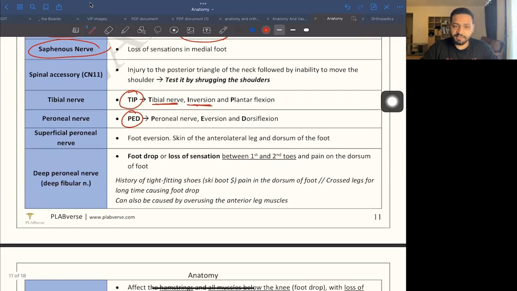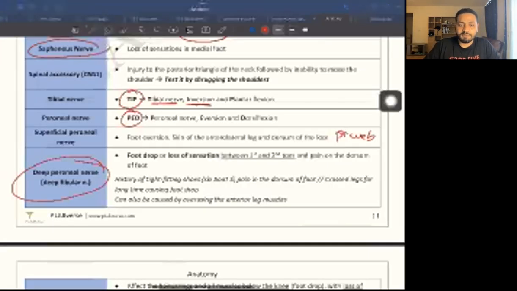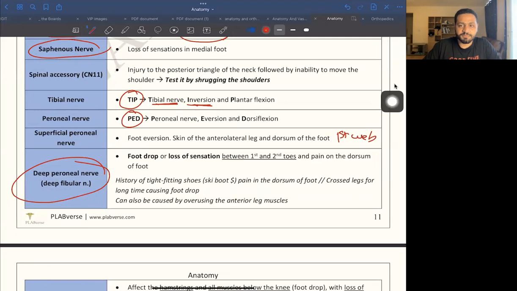We explained again the superficial peroneal nerve. Superficial peroneal nerve supplies the sensation on the dorsum of the foot apart from the first web space, right? Deep peroneal nerve supplies basically the first web space.